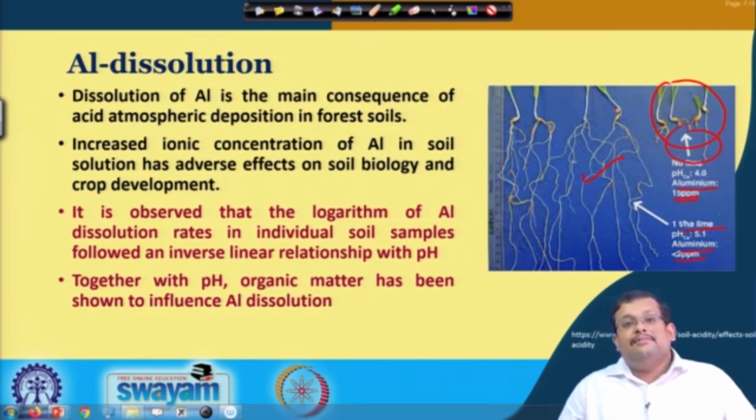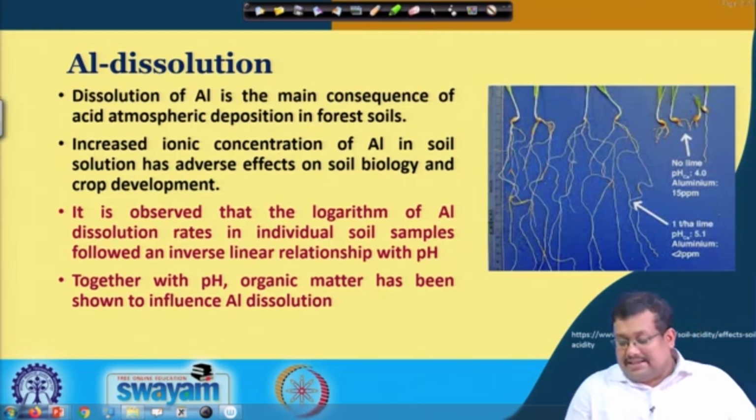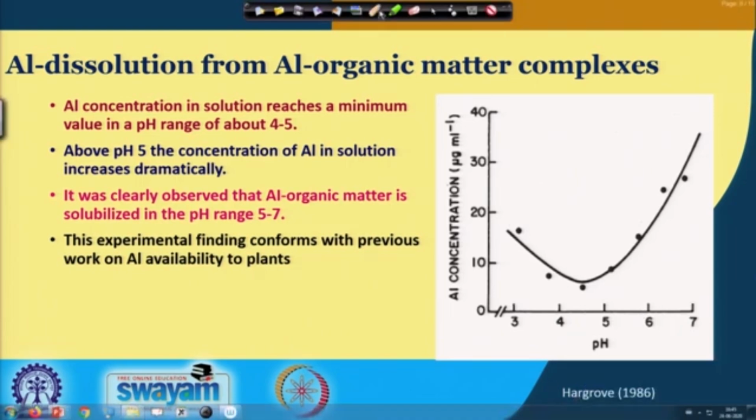It is observed that the logarithm of aluminum dissolution rates in the individual soil samples followed an inverse linear relationship with pH. Remember that together with pH, organic matter has been shown to influence the aluminum dissolution. How? Let us see in our next slide. This graph shows the relationship of aluminum concentration in microgram per ml and pH.